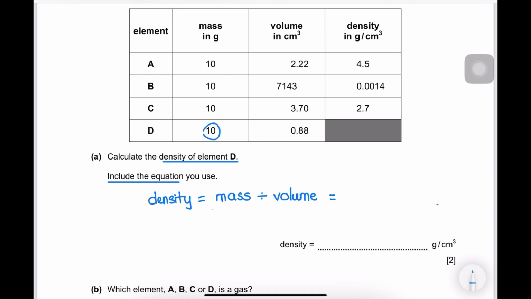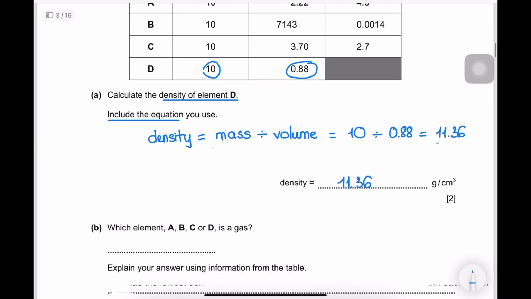For element D, the given mass is 10 grams, and the volume is 0.88 cubic centimeters. Its density will be 10 divided by 0.88 equals 11.36 grams per cubic centimeter. So, the density of element D is 11.36 grams per cubic centimeter.